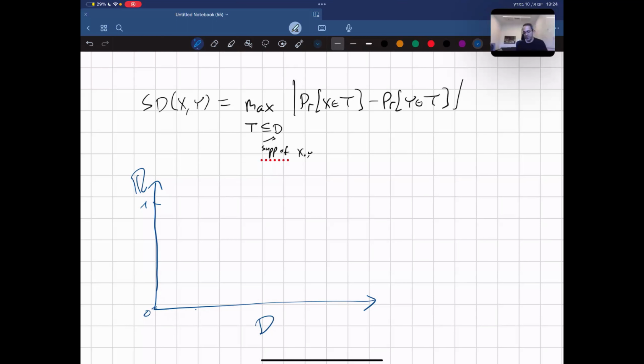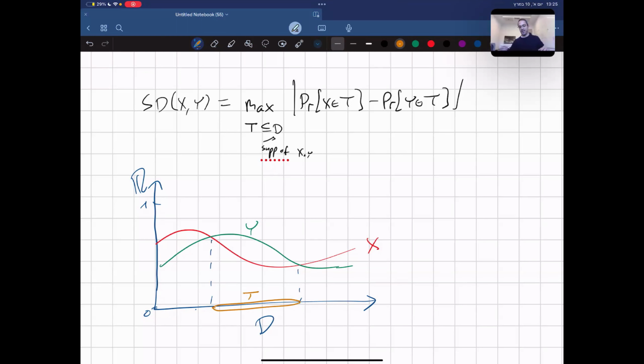Just consider the two histograms of X and of Y. Maybe this is the histogram of X, meaning this is the probability that this element will be sampled from X. And maybe this is the density, the histogram of Y. Tests are subsets T of the X-axis. So the best test here is the following. It's this one.